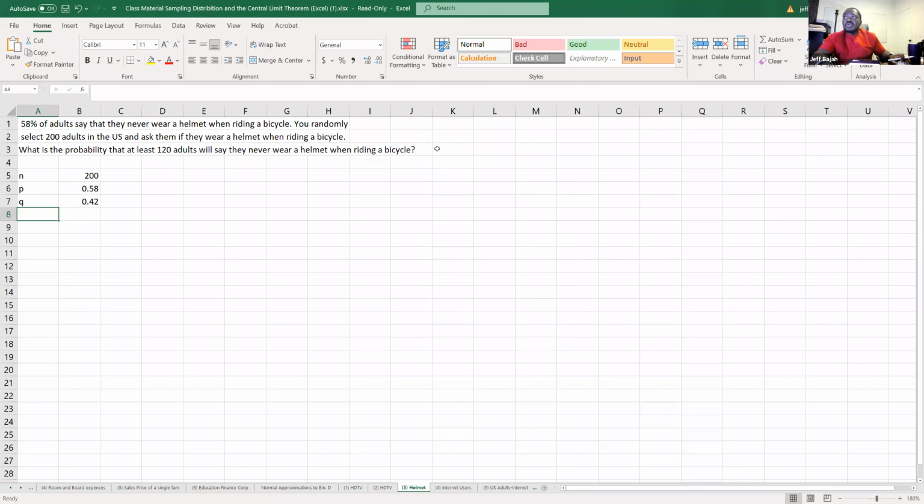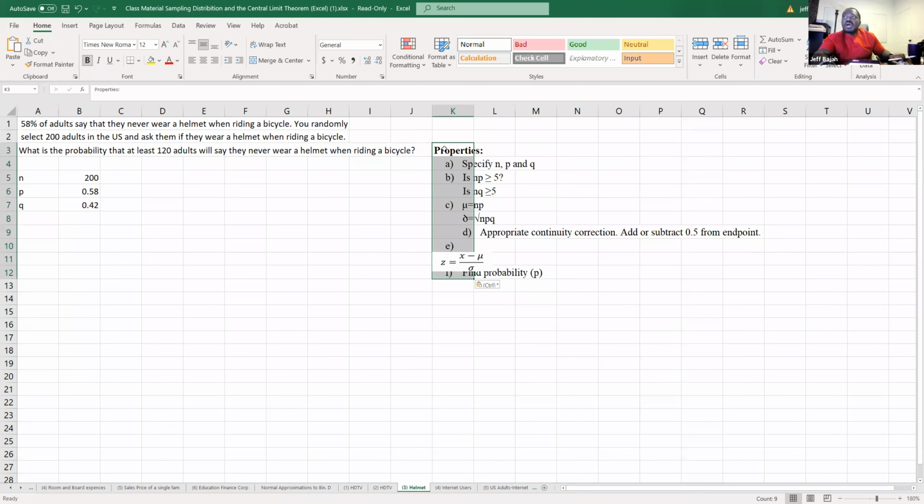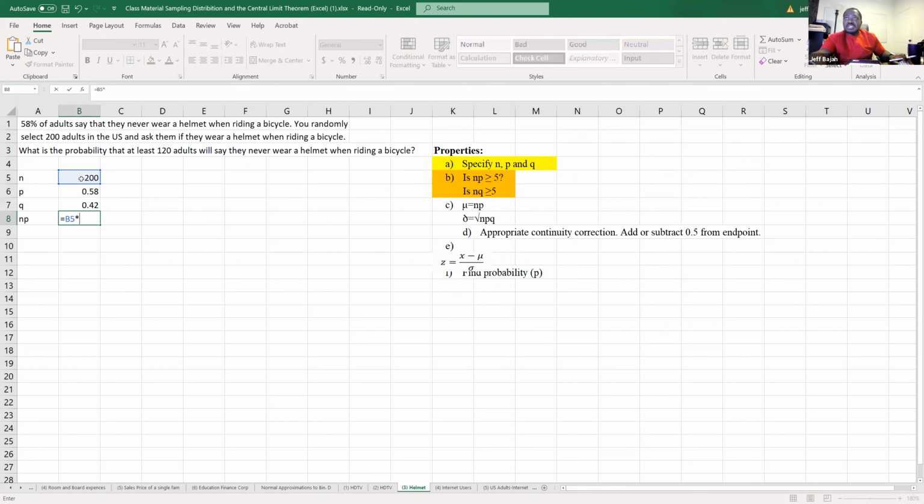All right. So we got the first step all done, right? So now we'll do the second step, to see if it meets that. So it's going to be N times P, which is equal to this multiplied by this.